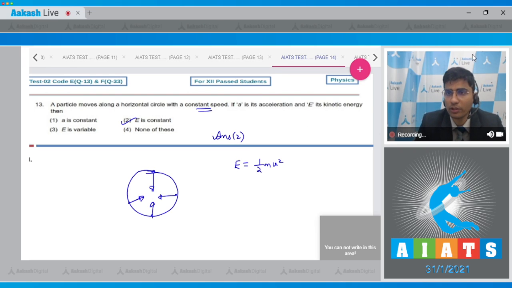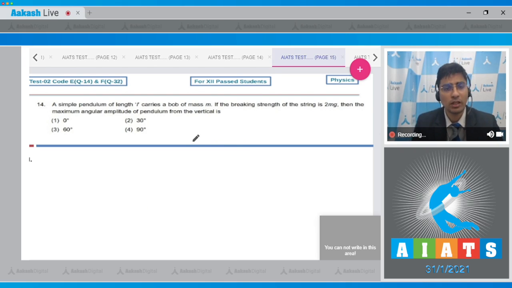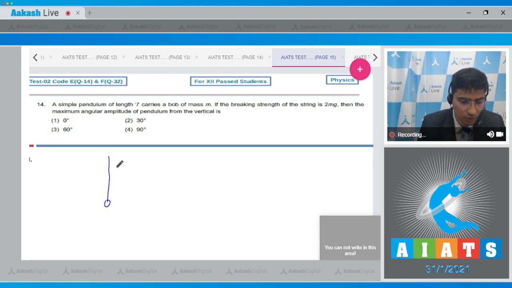Moving on to question 14. Question 14 says, a simple pendulum of length L carries a bob of mass m. If the breaking strength of the string is 2 mg, then the maximum angular displacement of the pendulum from the vertical is. Now, dear student, let us draw the diagram to understand this question. This is a case of vertical circular motion.